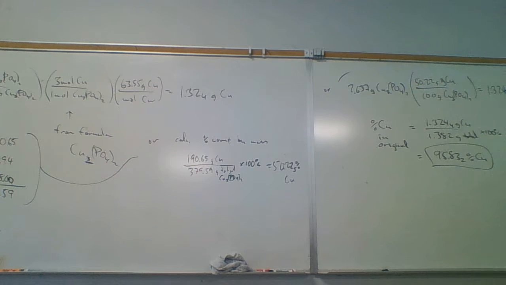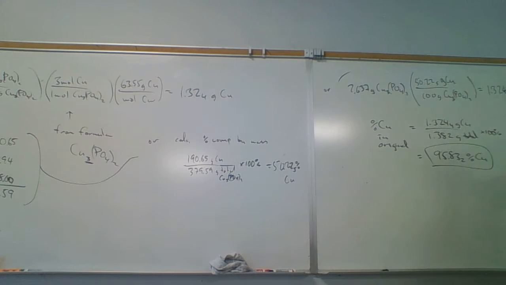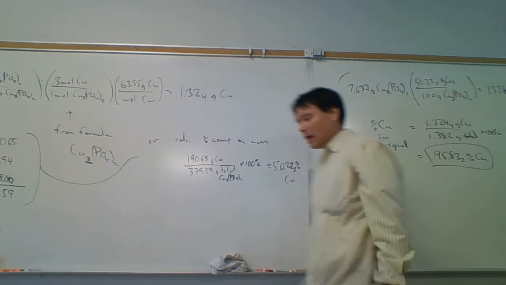So how did they do it here? How they did it was they went from the grams of copper 2-phosphate to moles of copper 2-phosphate. And then they used the chemical formula here. There are 3 moles of copper for every 1 copper 2-phosphate. That's not from a balanced chemical equation. That's just from the formula itself.